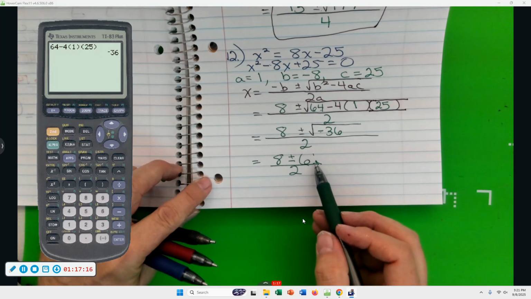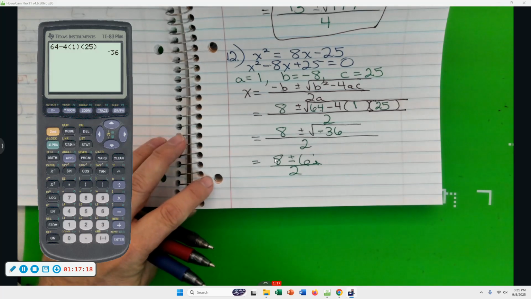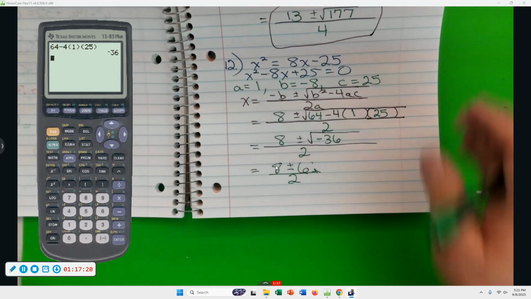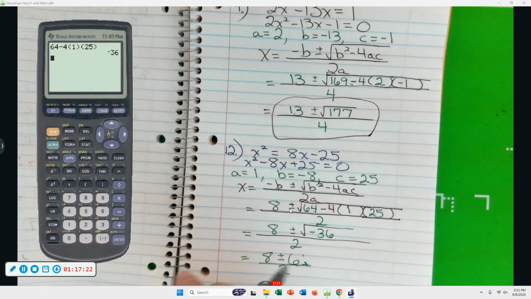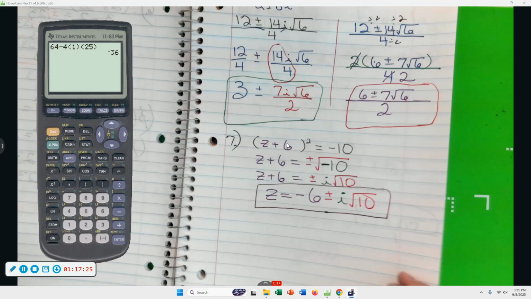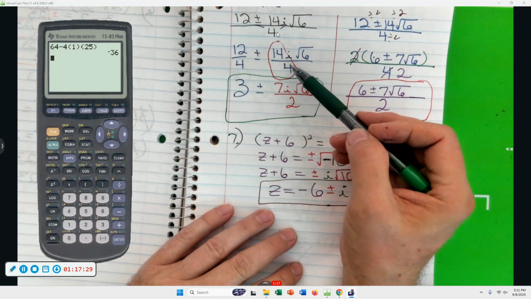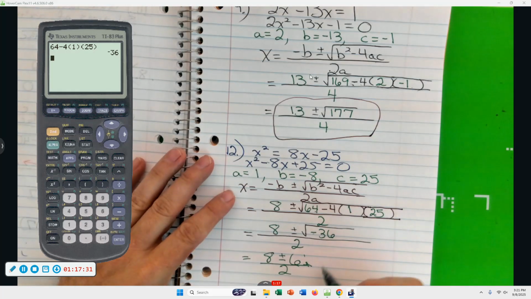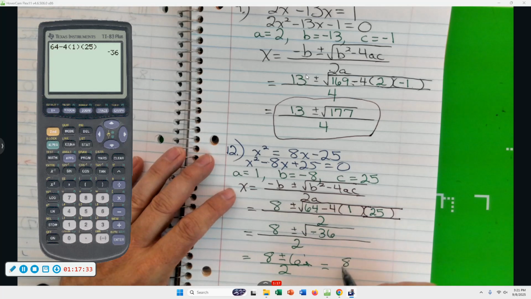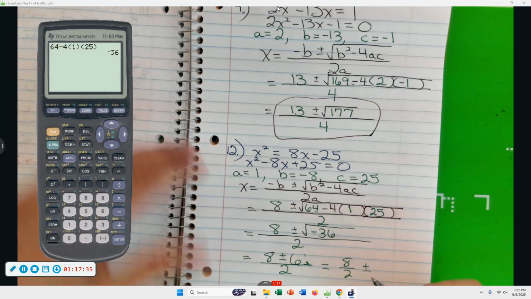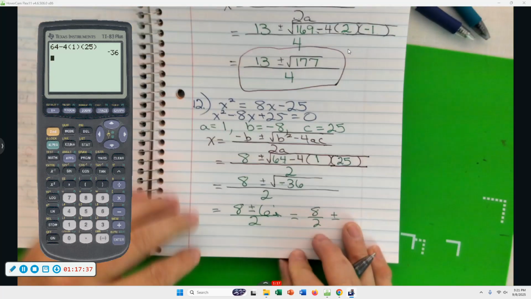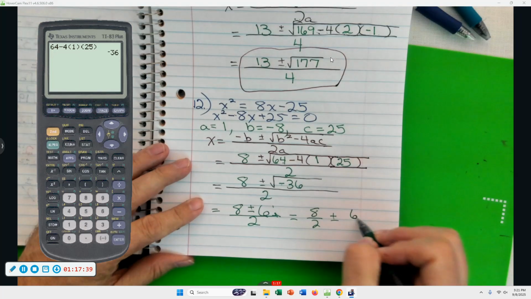There's an i on top, and you have a fraction involving plus or minus, so you split it up to give you 8 over 2 plus or minus 6i over 2.